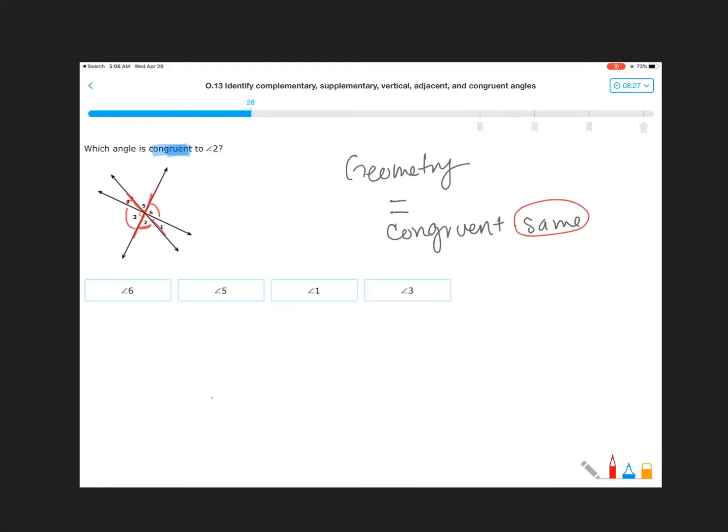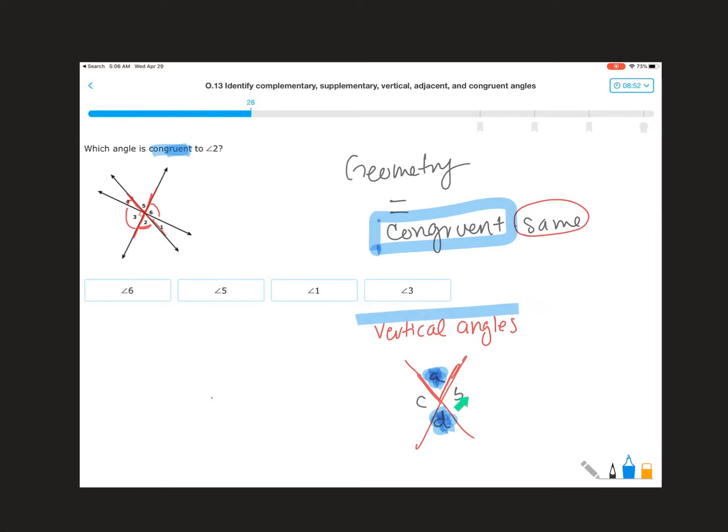There is a special property called vertical angles. And vertical angles are angles that are opposite of each other. So if you see that X, you're going to have angles that are opposite. So A and D are opposite of each other, and C and B are opposite, meaning that they are the same.